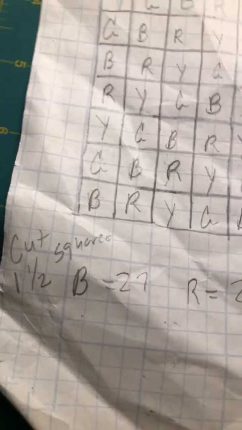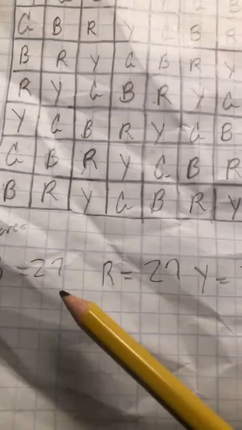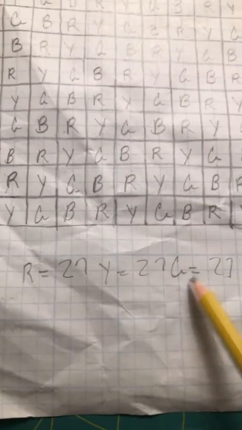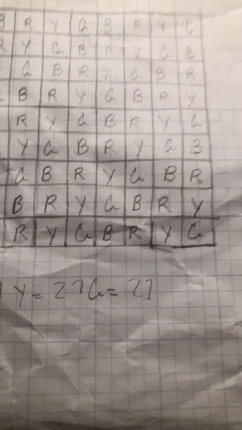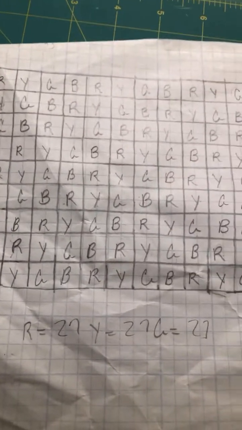And then I write down what size squares to cut. And then I count out my blocks and put the number down so I know how many blocks to cut of that print.